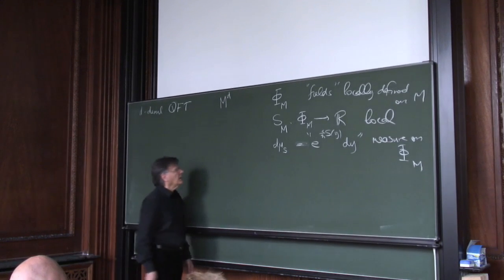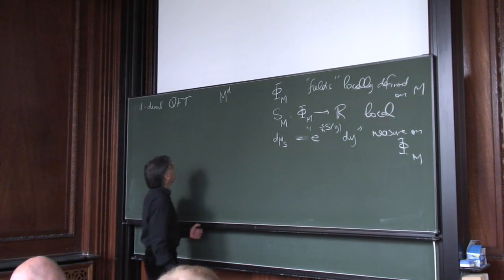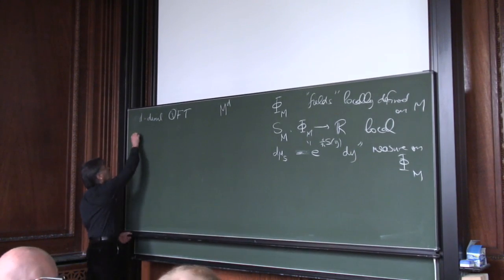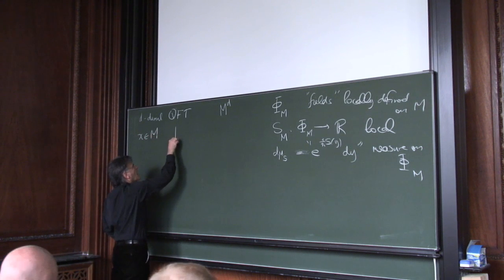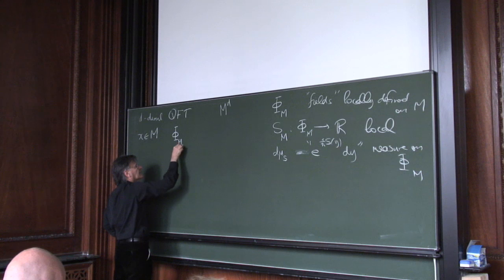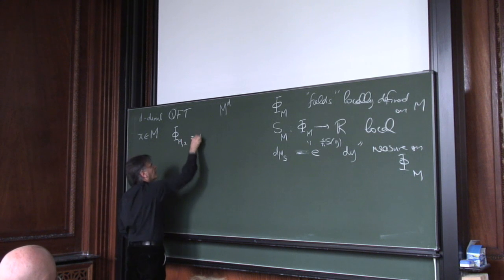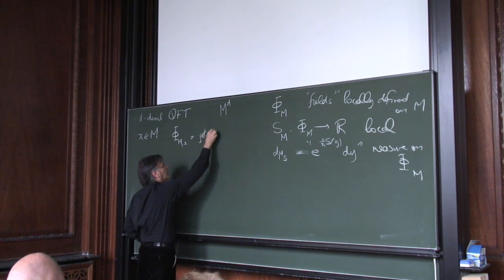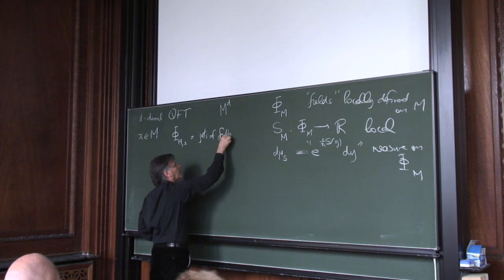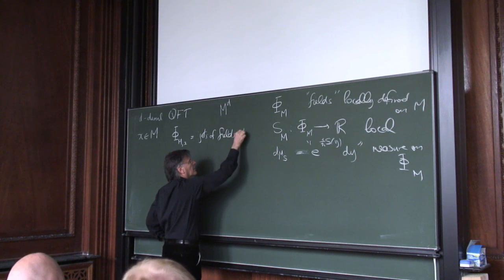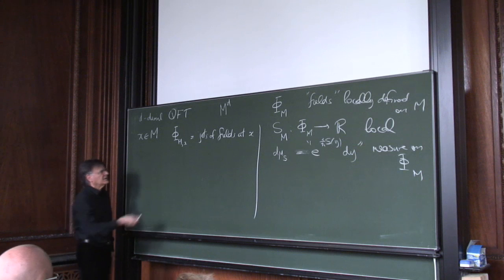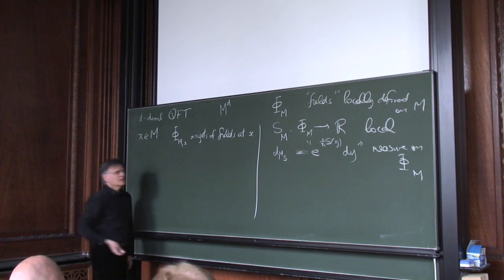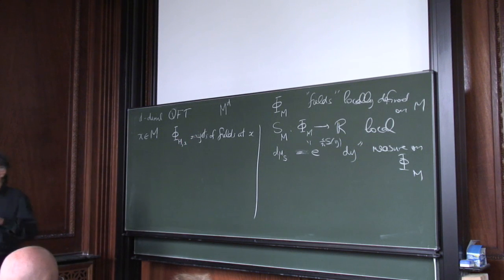So the kind of thing we want to perform is, when we have a point x in M, let's write Φ_M(x) for the jets of fields, whatever they are. So things that depend on the values of the fields and their derivatives up to any order at the point.